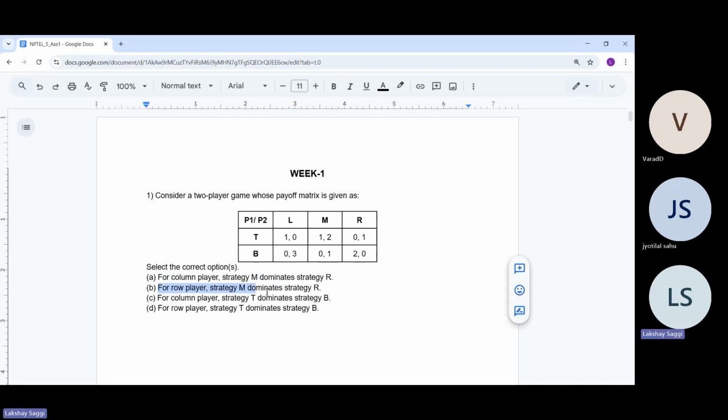Then the second option is for the row player strategy. I also have the solutions typed out for these.